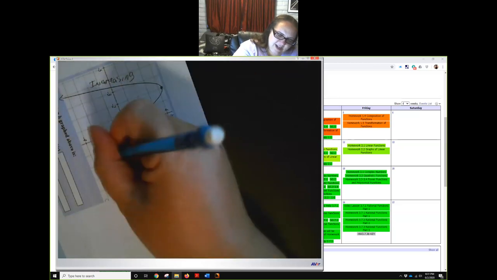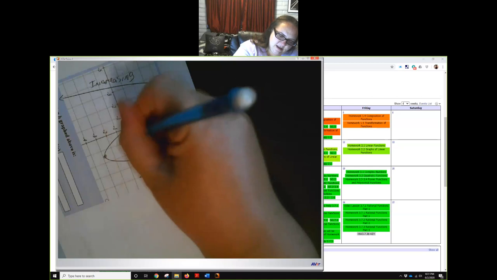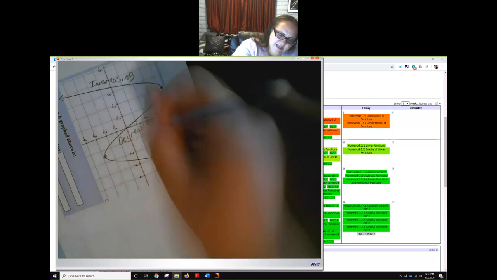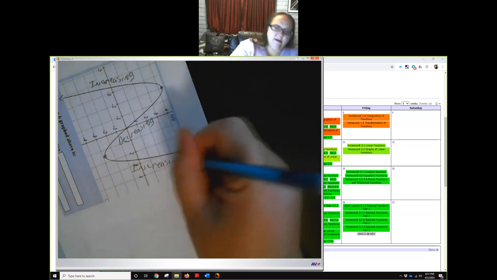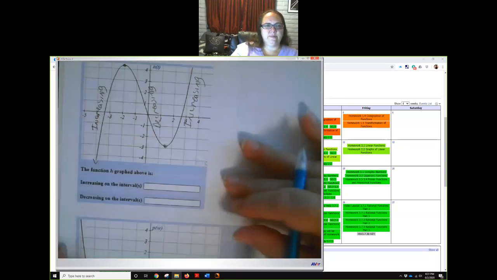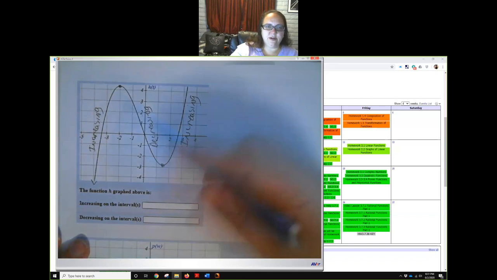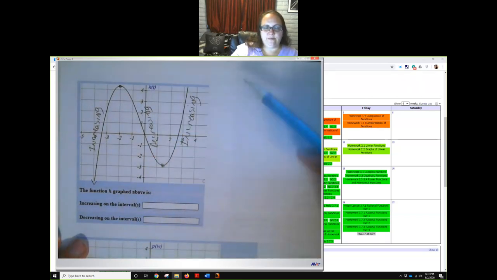And then in this section, it's decreasing. And then in this section, it's increasing. Going up, going down, going up.